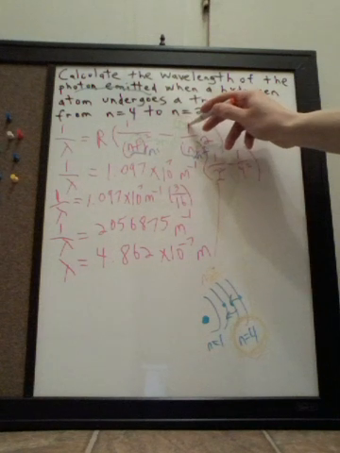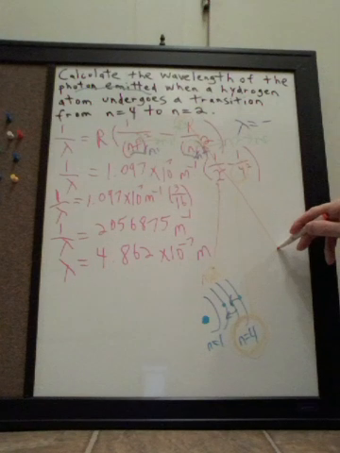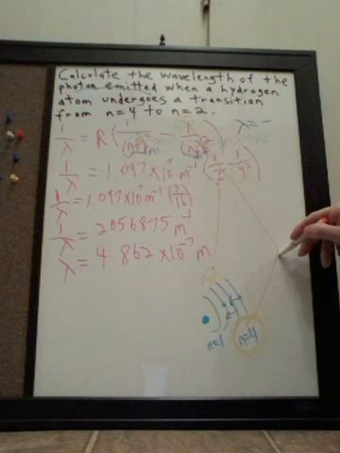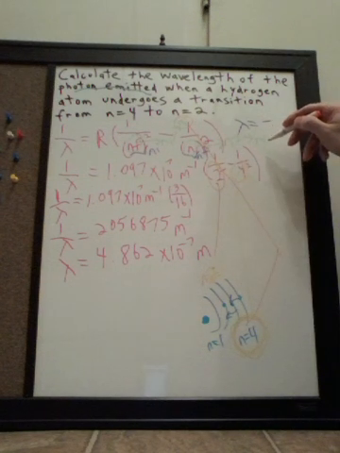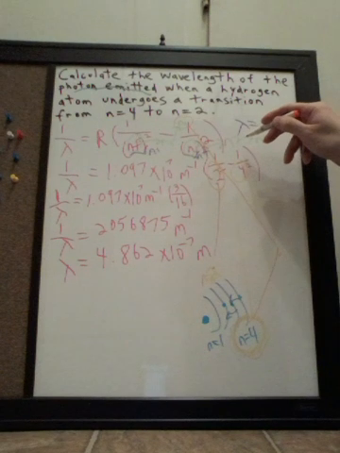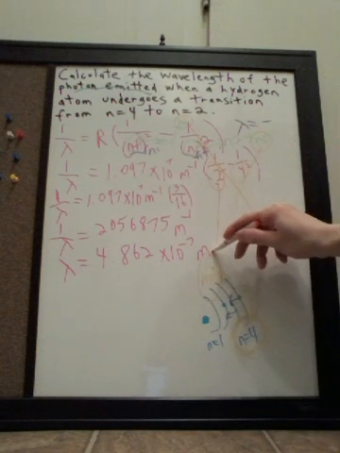The initial would be 4, but it's not 4, it's 2, right? The same thing with this. If you refer to N2 as N final, then N final would be N equals 2.